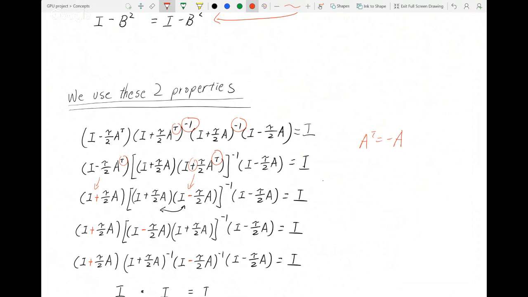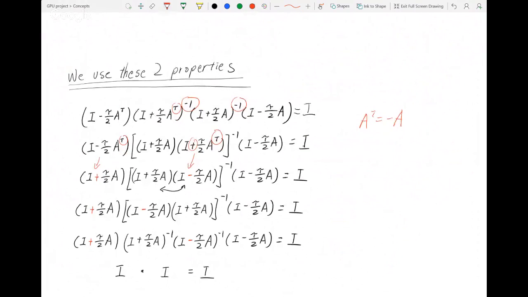Convert this to a plus. You see that? And then notice this is a plus, identity plus some matrix, identity minus some matrix. It implies that we can flip them. So I'm going to flip them here and flip them here. And now I'm going to redistribute the inverse back in them, which flips them again.